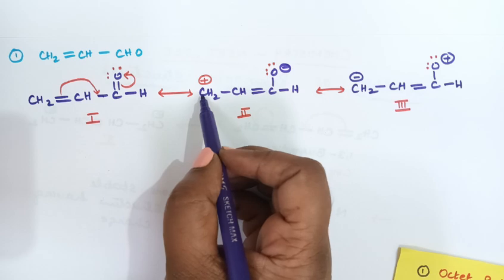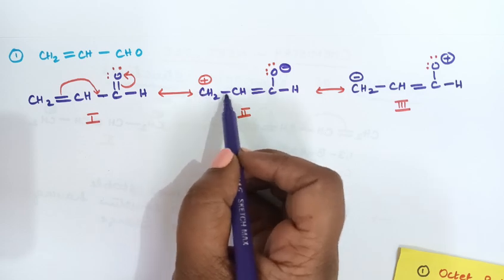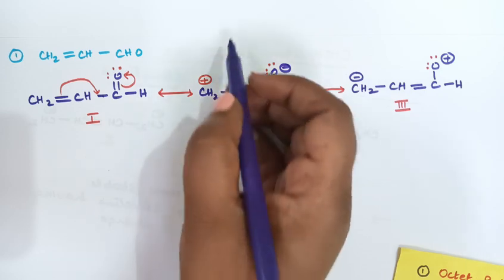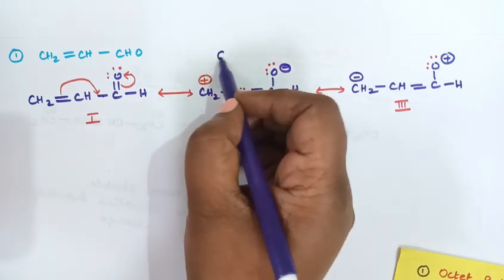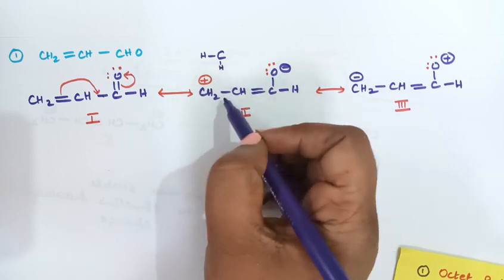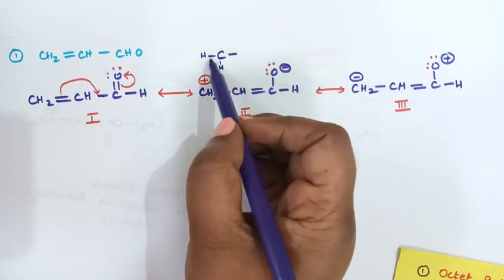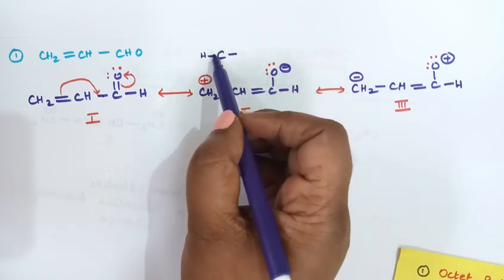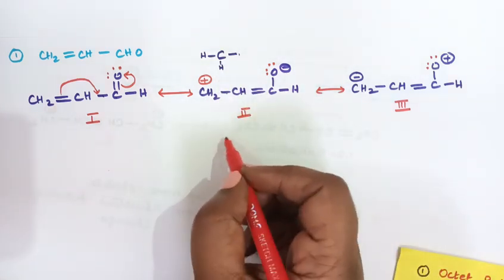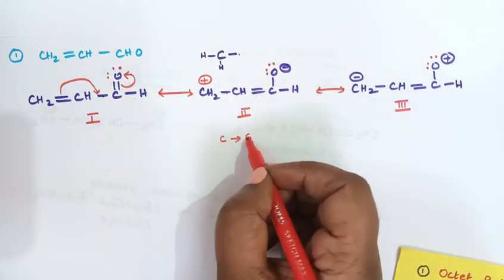Whereas here, see this carbon has only 6 electrons. Why? If I write the expanded form of this, it is written like this. Carbon, 2 hydrogen atoms, 1 hydrogen, 2 hydrogen, and then this bond. See how many electrons are there? 1, 2, 3, 4, 5, 6. So there are only 6 electrons. So carbon is having only 6 electrons.